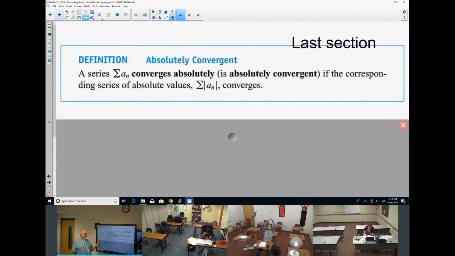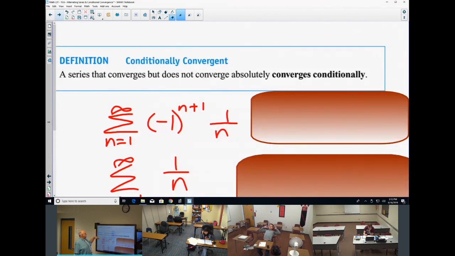And if it converges absolutely, then the series converges. Now, a series that converges but does not converge absolutely converges conditionally. This is the thing that you've got to wrap your head around, because it's really easy to get this turned around.